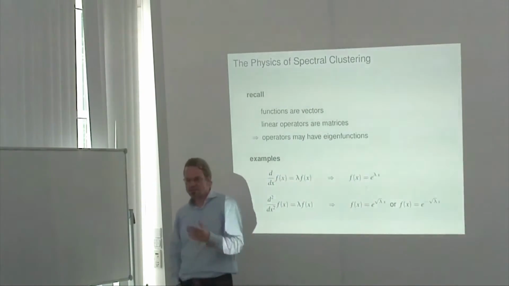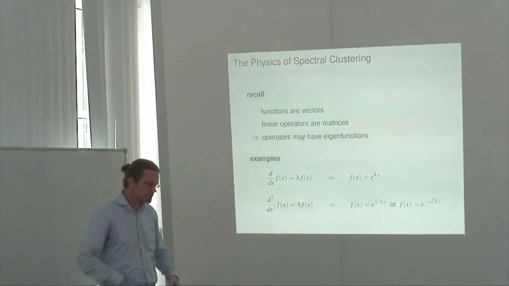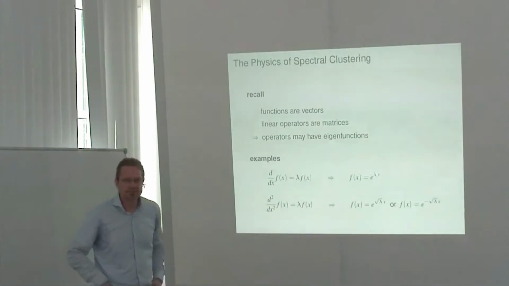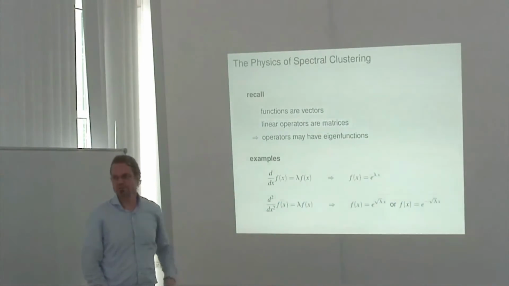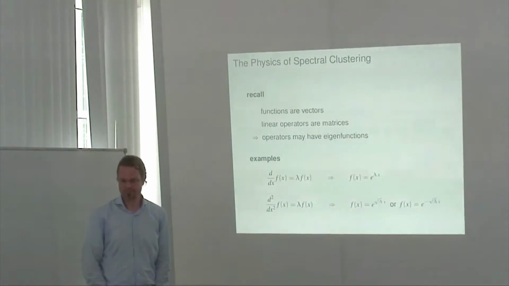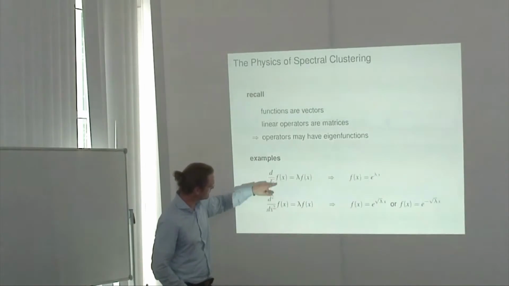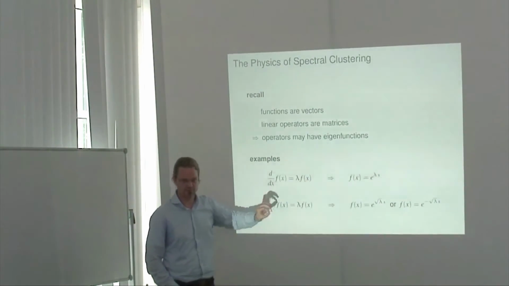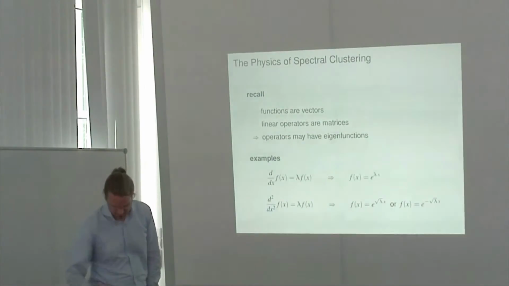You understand the special role of the exponential when you find that it is actually an eigenfunction of derivatives. All right? But long story short, operators like these, something that takes a function and produces another function, may have eigenfunctions.